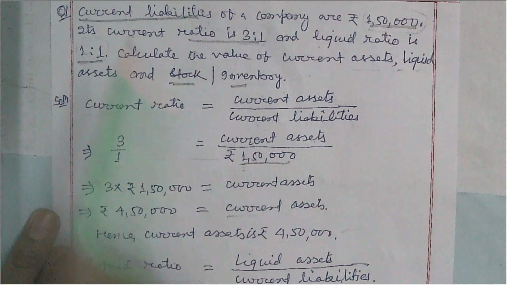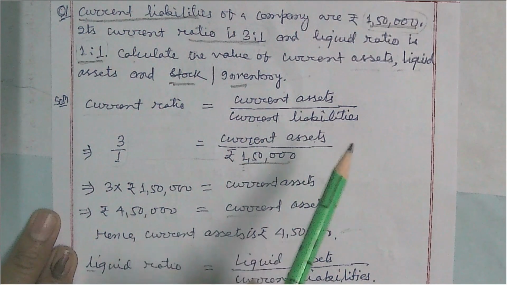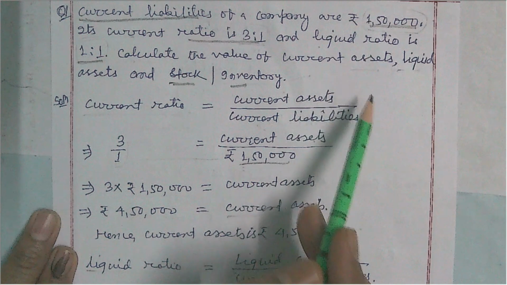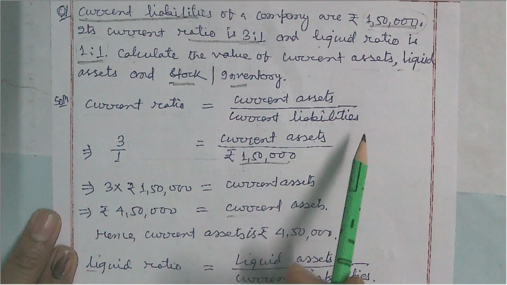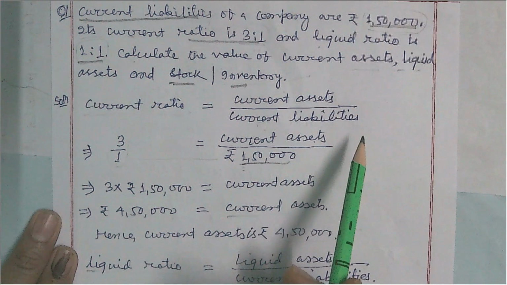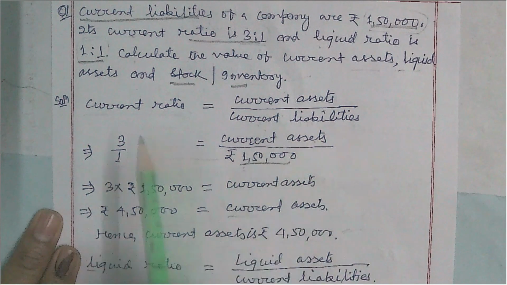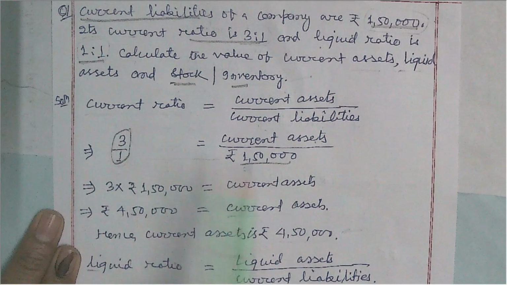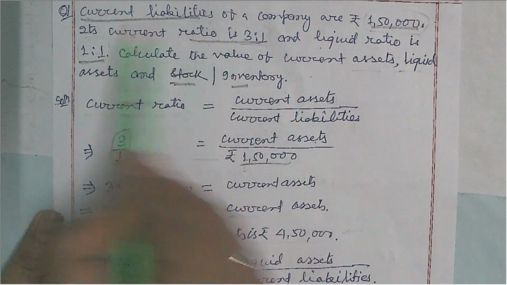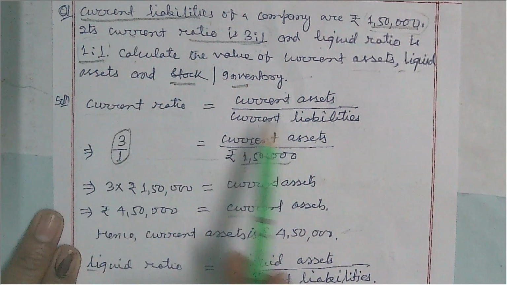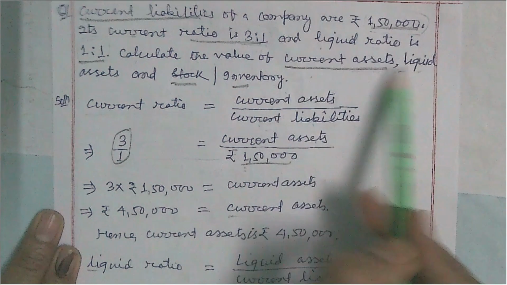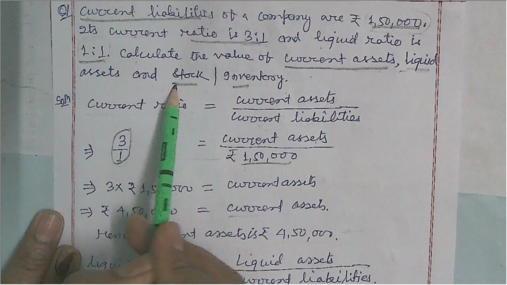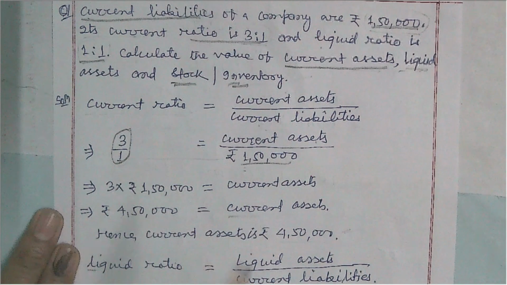Before this we calculated the current ratio with the help of given current assets and given amount of current liabilities. Here, from the given current ratio and with the help of your current liabilities, we can calculate the value of current assets, liquid assets and stock or value of inventory.